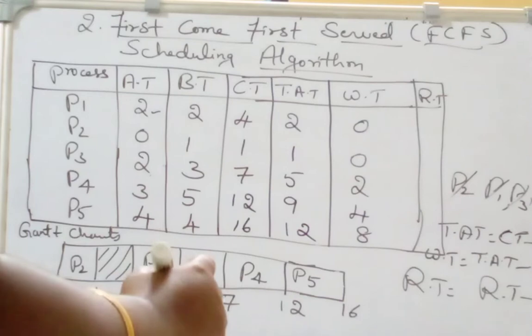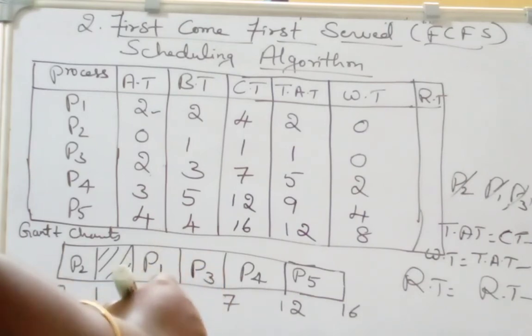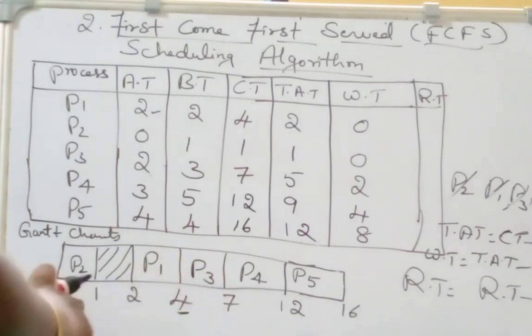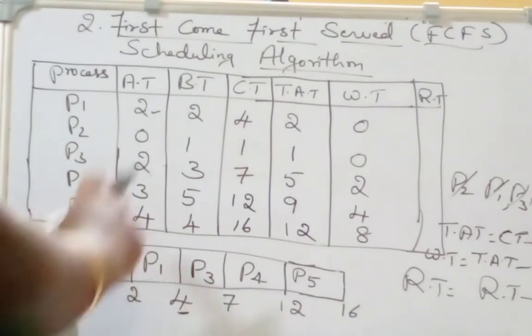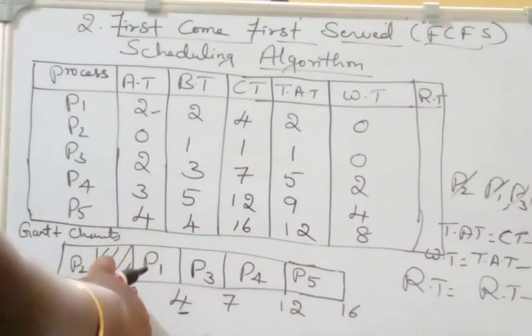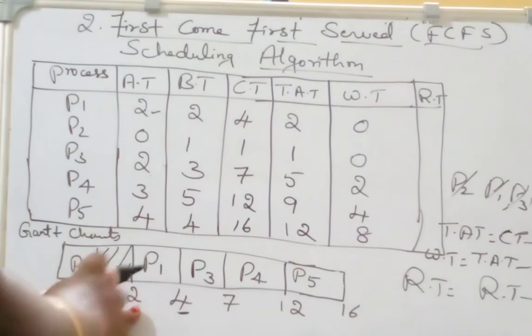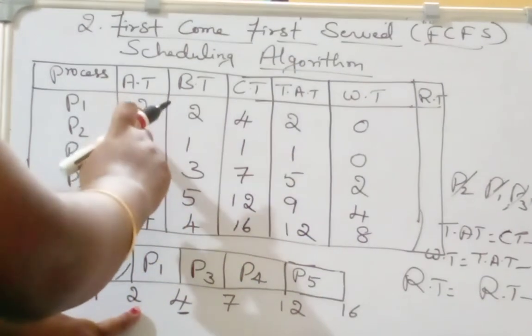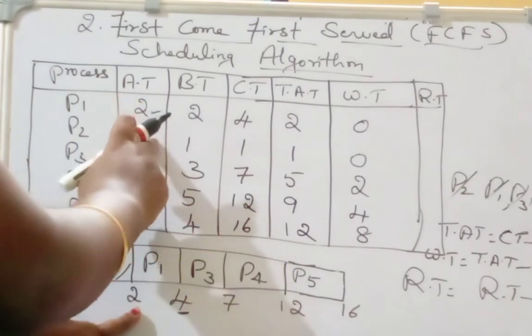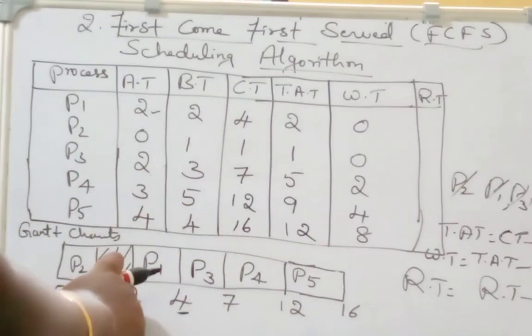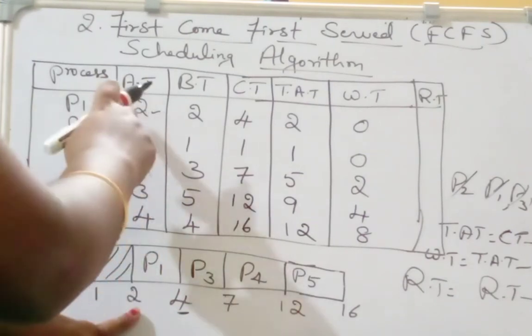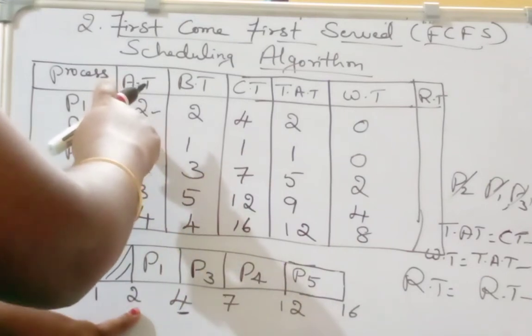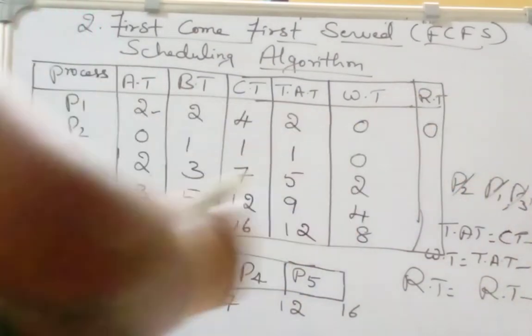Starting from P1, the first response is at 2, so the response time is 2 minus 2, which is 0.